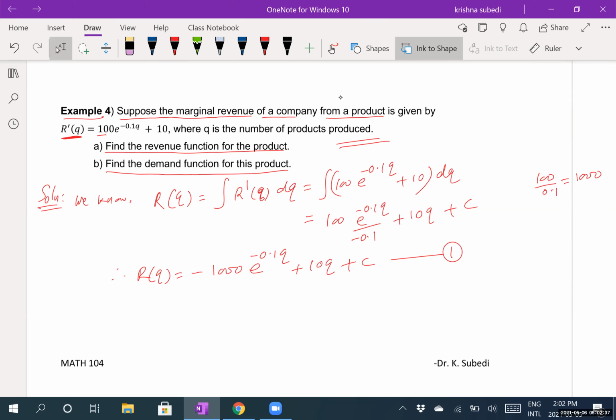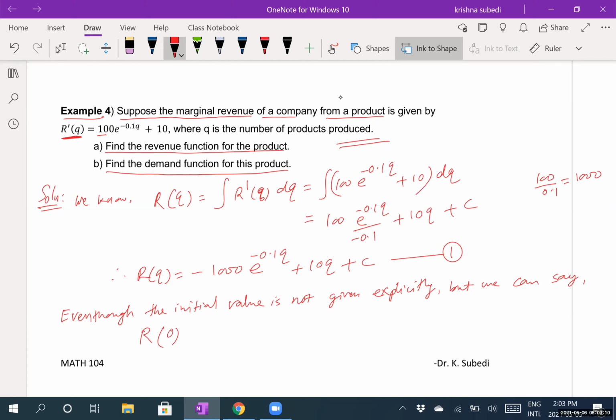Okay, so here, even though the initial value is not given explicitly, we can still say that revenue of 0 equals 0.